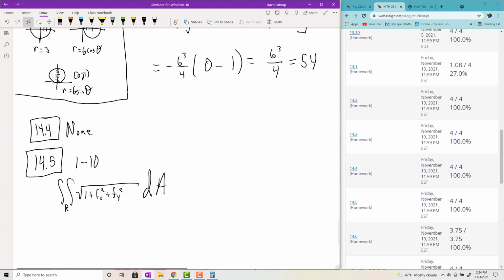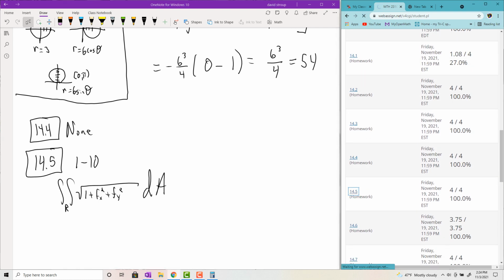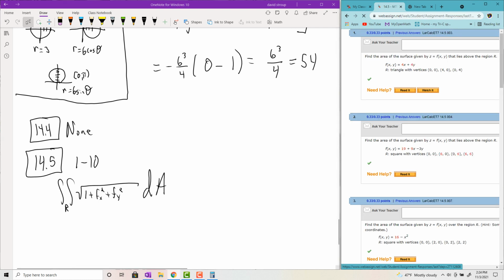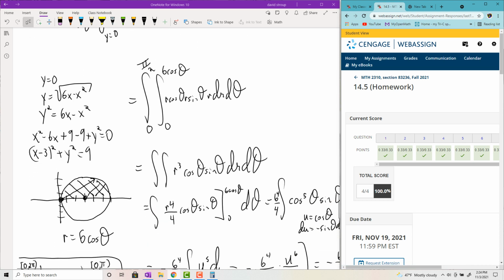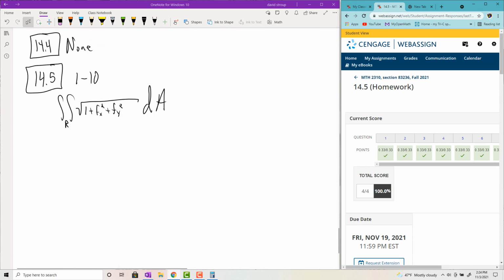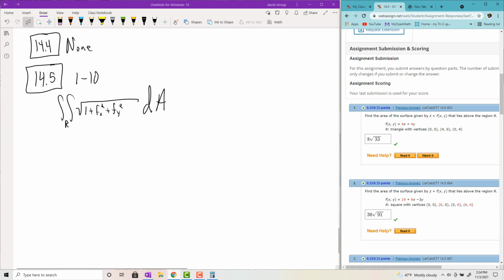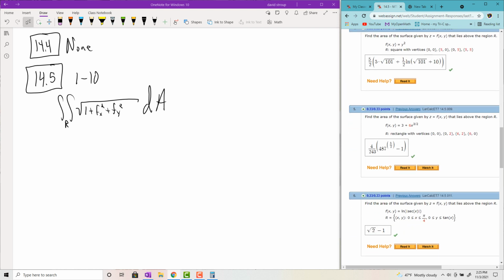Anyways, 14.5, and you need all your conversion formulas memorized, so hopefully you got that done. 14.5, let's look at number, let's see what I have here. Let's try number 5, I guess.